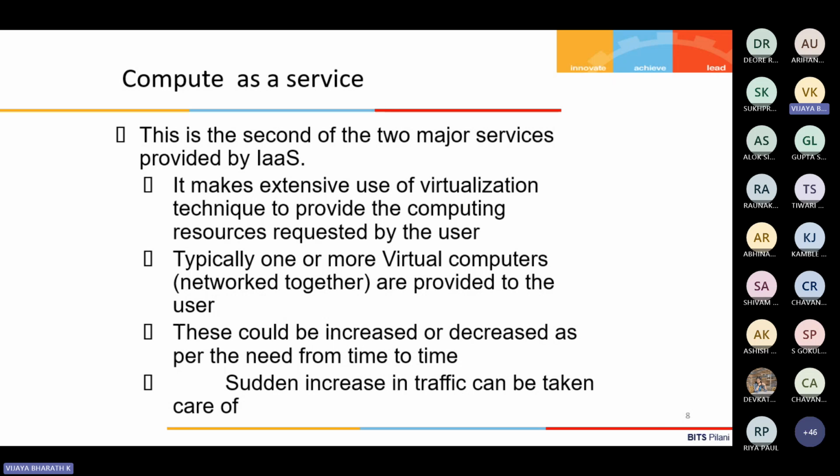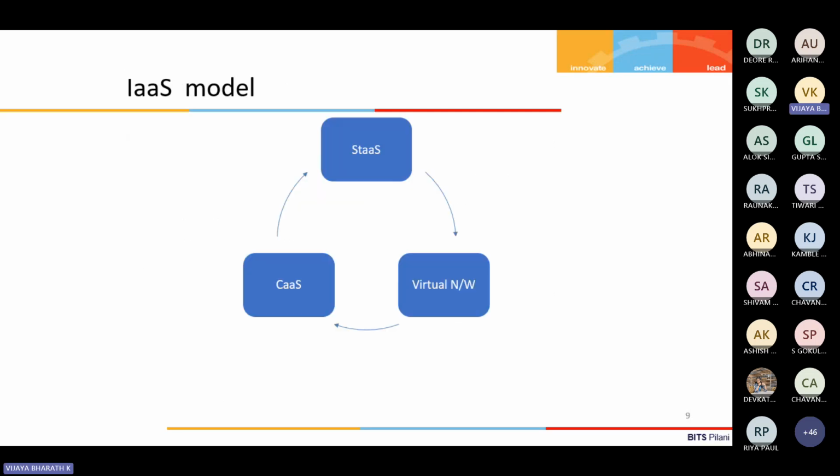One or more virtual machines group together and are provided to the user as a single instance, so any sudden increase can also be taken care of. This is the IaaS model, like storage as a service, compute as a service, and virtual network.